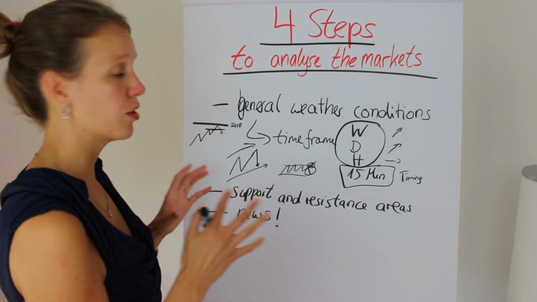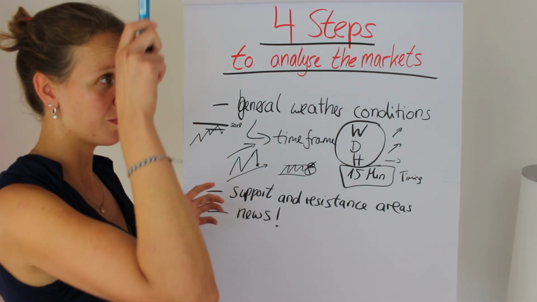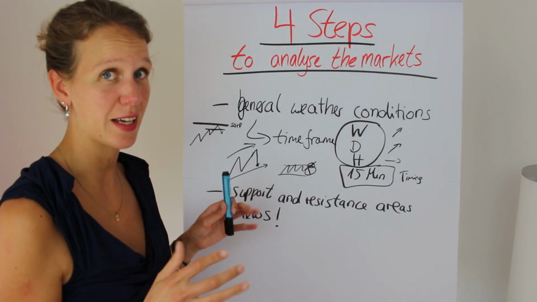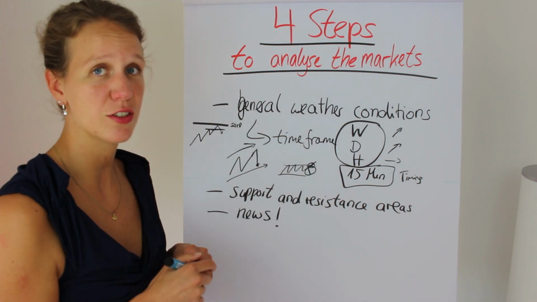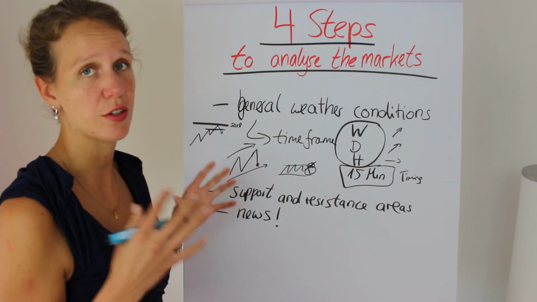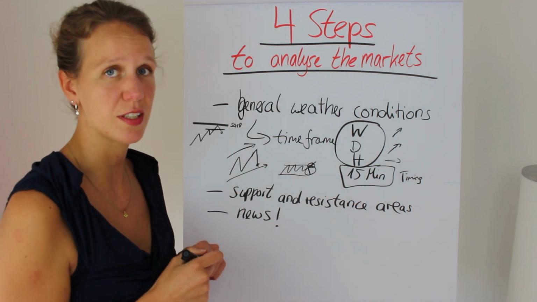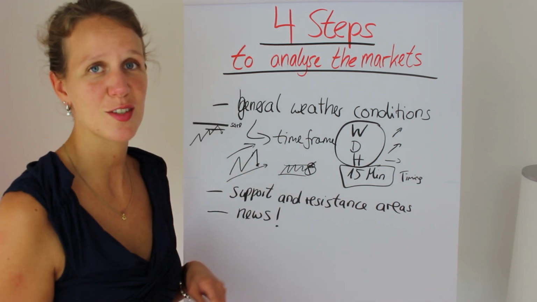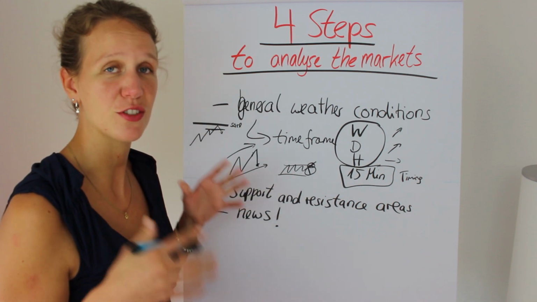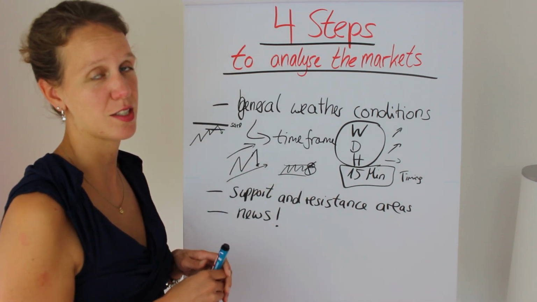Spikes that don't even mean that the market is going in the direction of the spike, but they can knock you out of the trade by just touching your stop loss, for example, and then going straight in the direction you wanted to trade, but you're not in the trade anymore because of that spike.